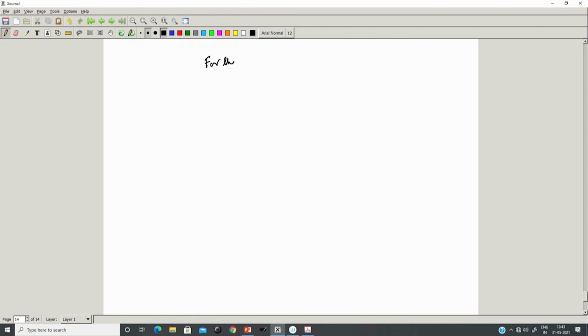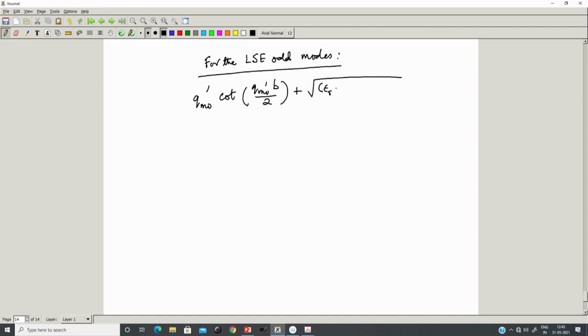Now, for the LSE odd modes, we have q_mo prime cot(q_mo prime b by 2) plus square root of (epsilon r minus 1) k naught square minus q_mo prime square equal to 0 as the characteristic equation.